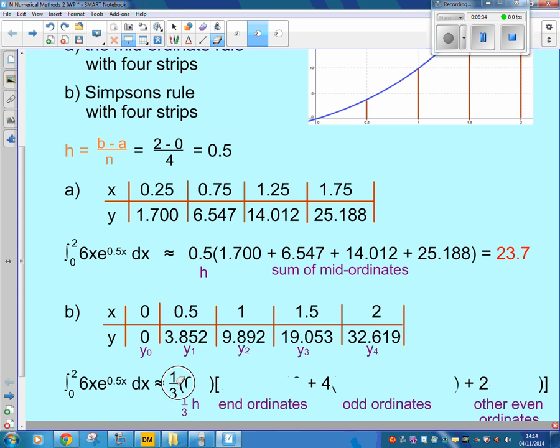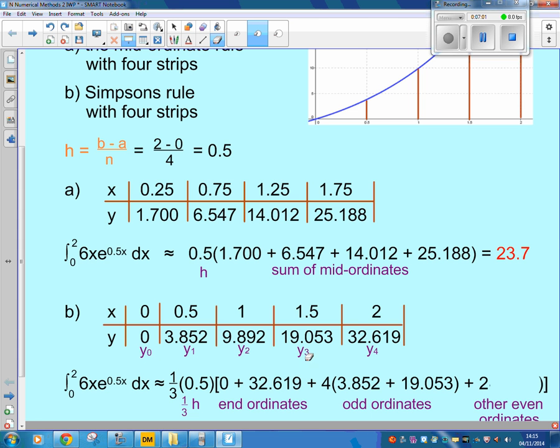So one third of 0.5, and then in the big set of brackets, my end ordinates, 0 add 32.619, plus 4 lots of the odd ordinates, y1 and y3, 3.852 add 19.053, and 2 lots of any other even ordinates.